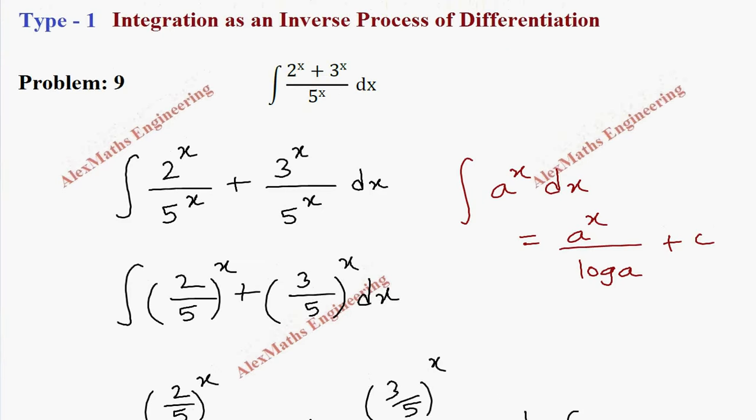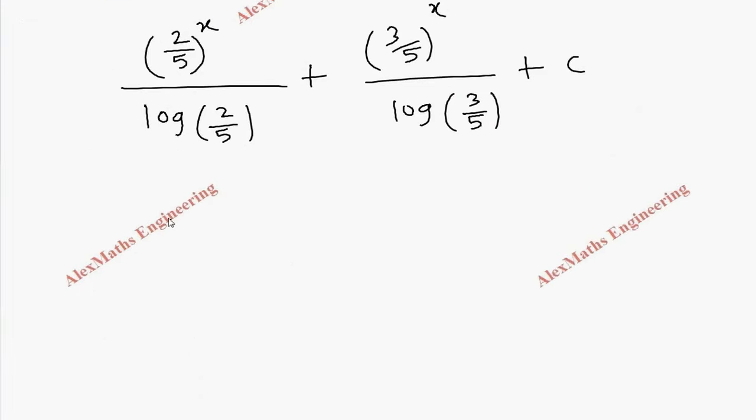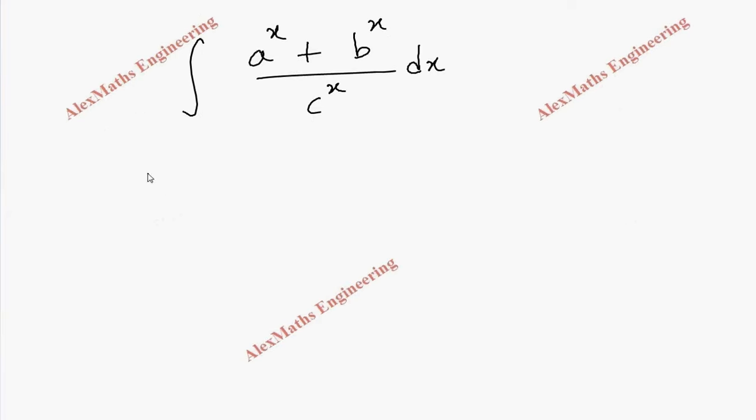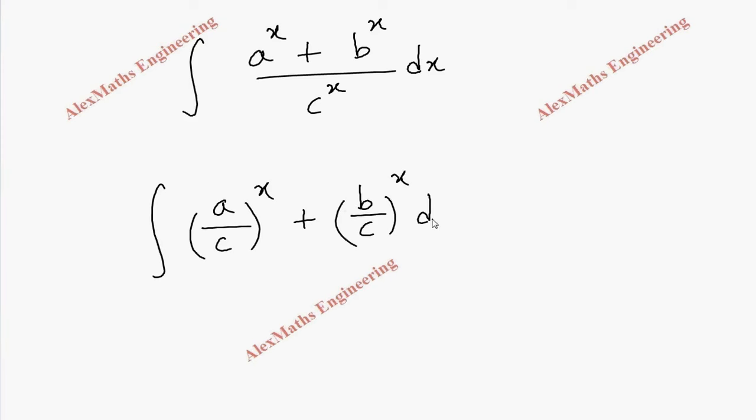The same problem can also be given in terms of a, b and c. That is integral a power x plus b power x by c power x dx. So we can divide individually a by c and make it as whole power x plus b by c whole power x dx.